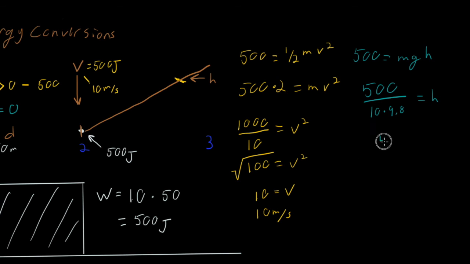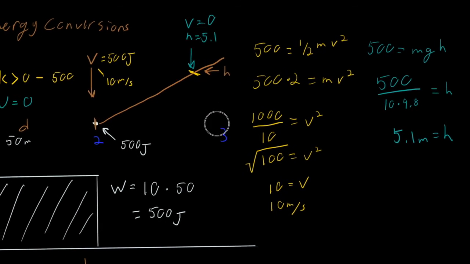And when I do that calculation, I get a height of 5.1 meters. And so a velocity of 10 meters per second gets converted into a height of 5.1 meters. At this point, velocity equals 0, height equals 5.1. There we go. There's our first motion problem using energy.